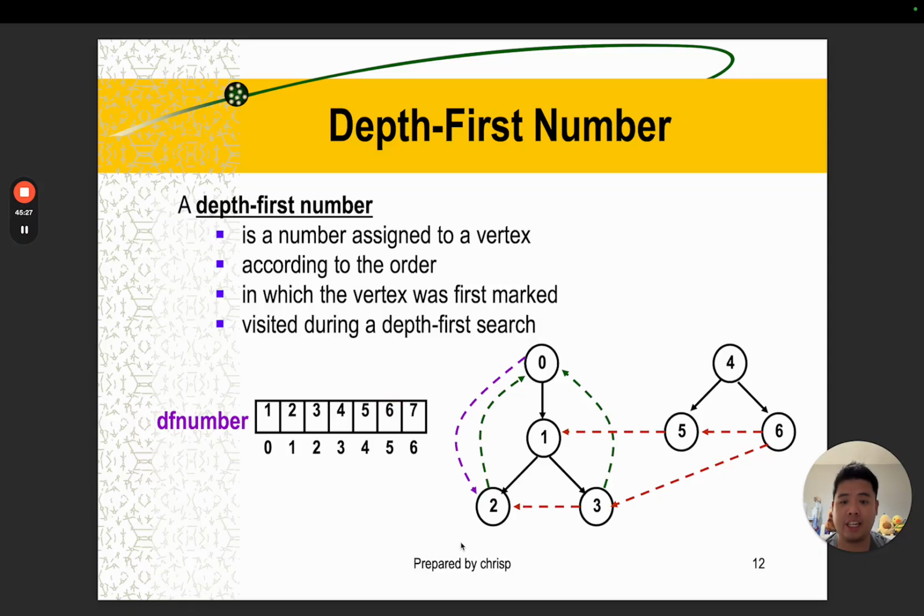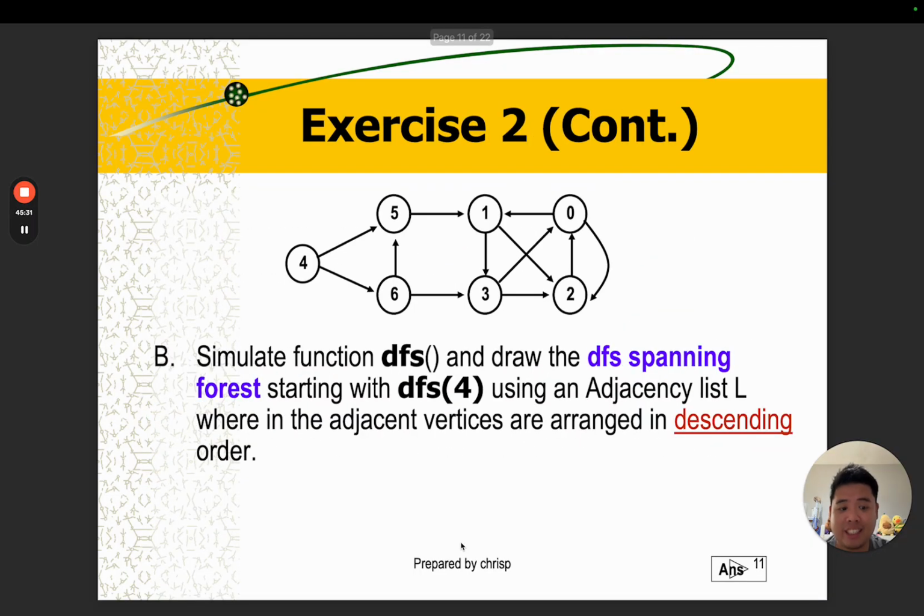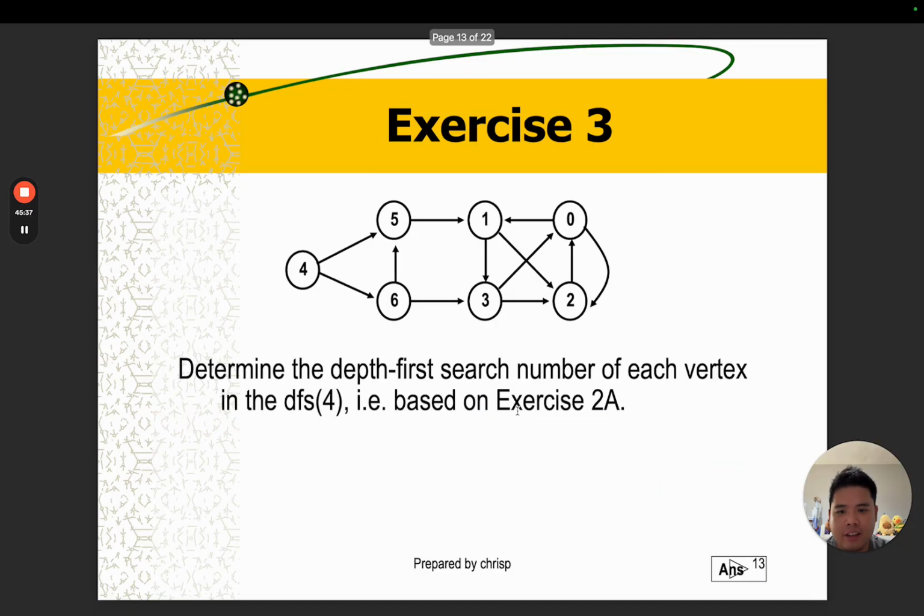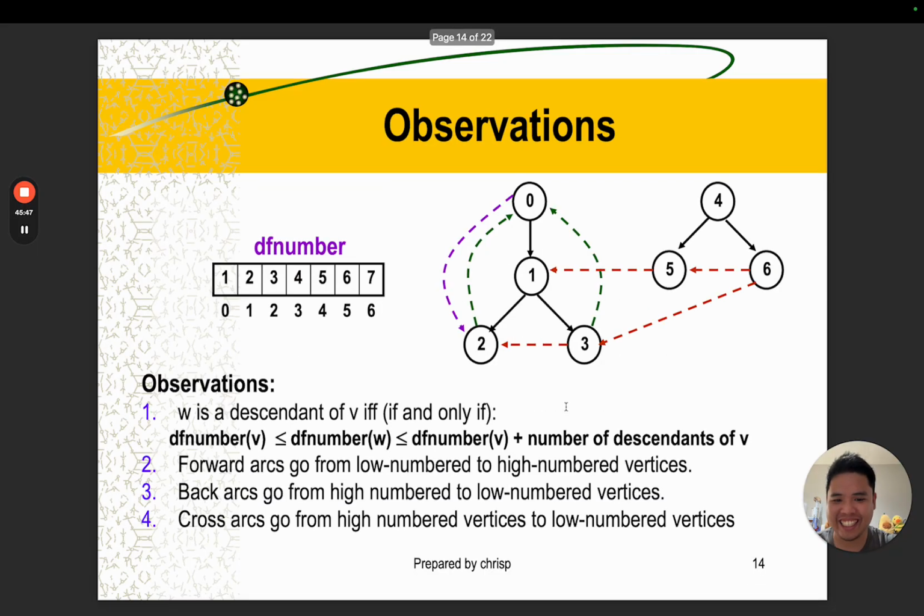Very simple. So apart from the exercise where you do DFS in descending order, try to do this one too and give me the depth first number. I hope you guys were able to get this lesson.